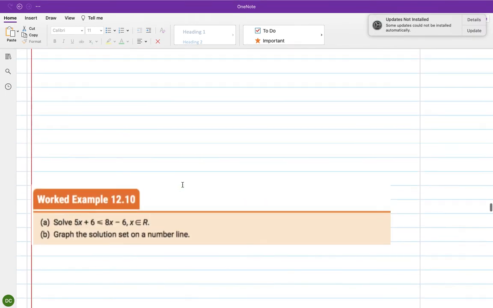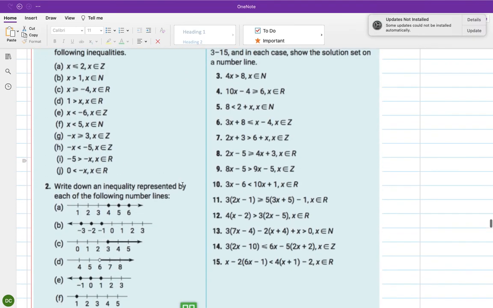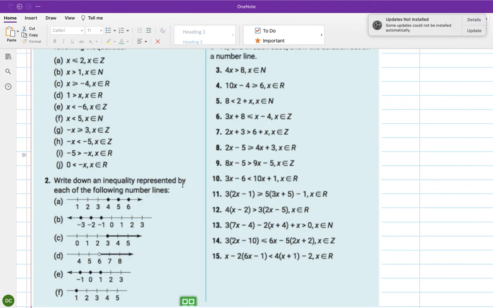Right, so I'm going to just pick out a couple of different ones to try. Let's do those 3 there. See them there?